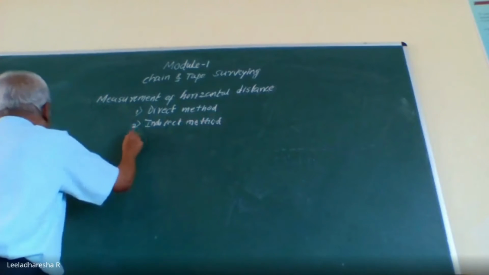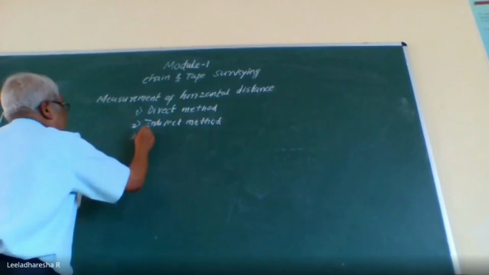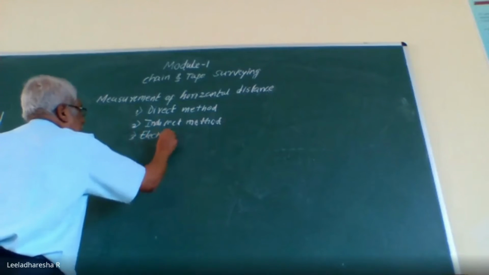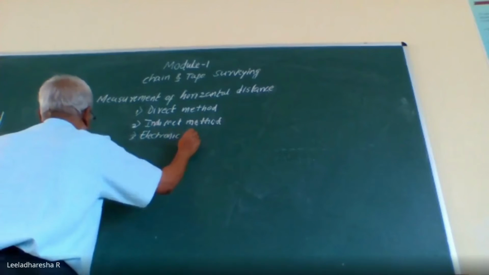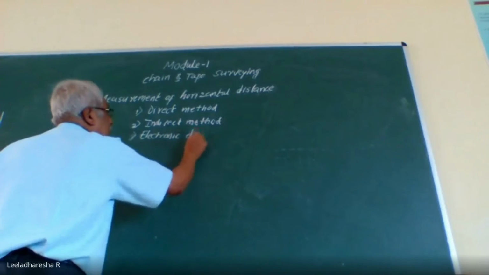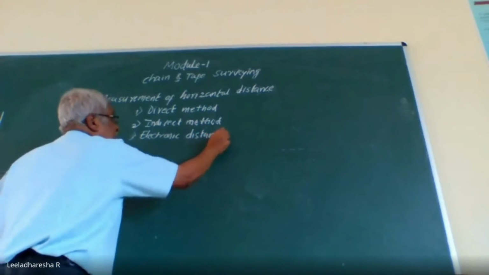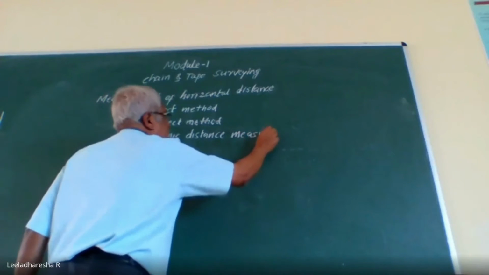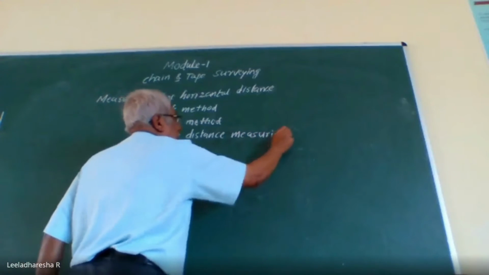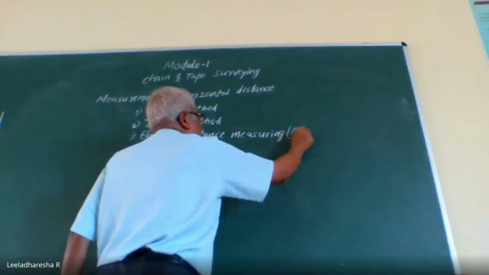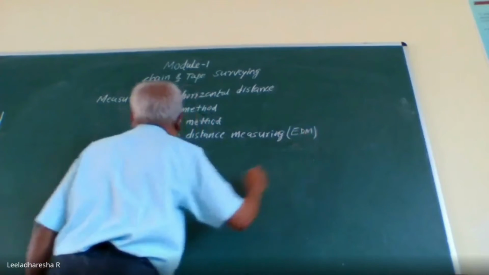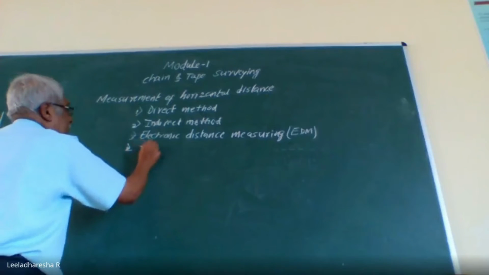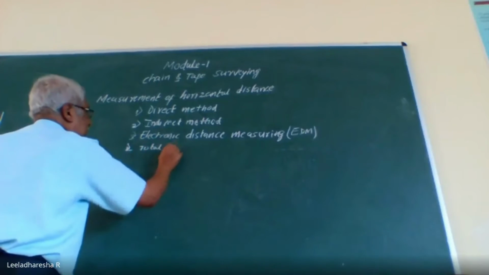Third is called electronic distance measuring. This is also abbreviated by EDM. And fourth one is called total station method.